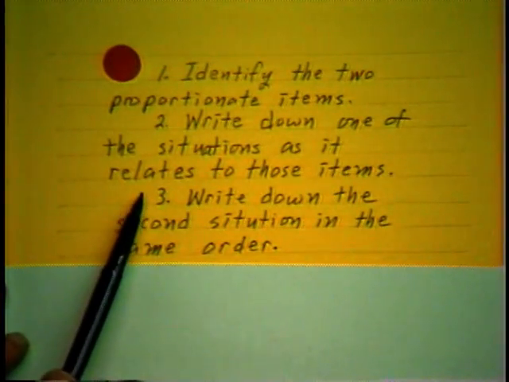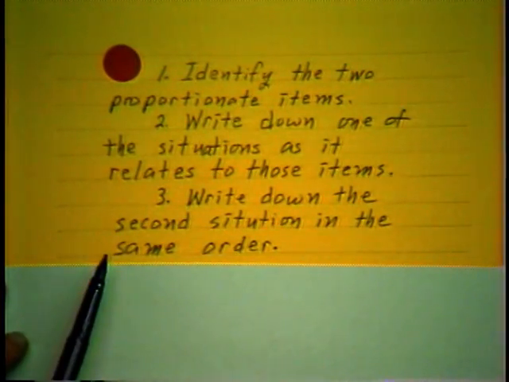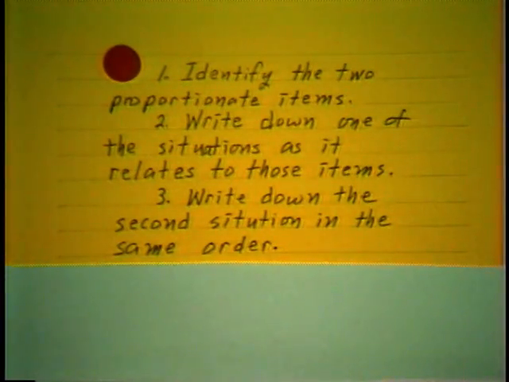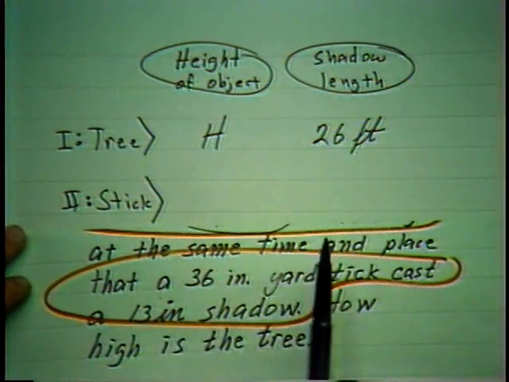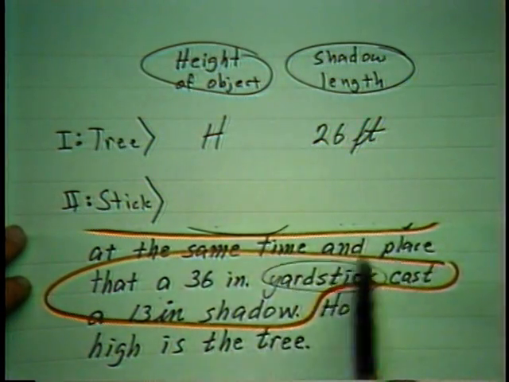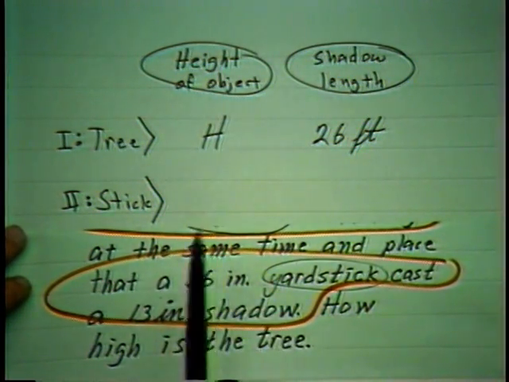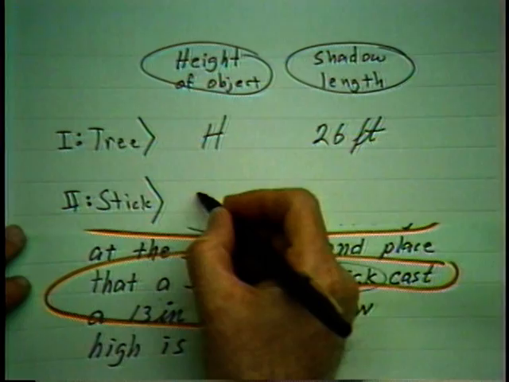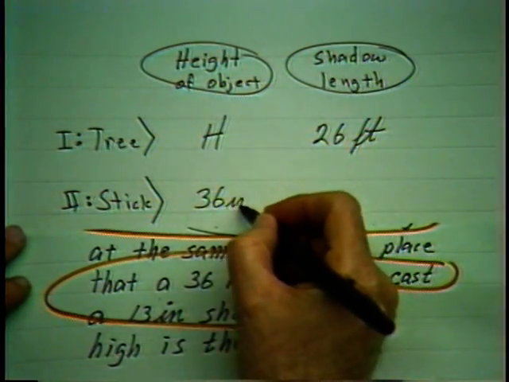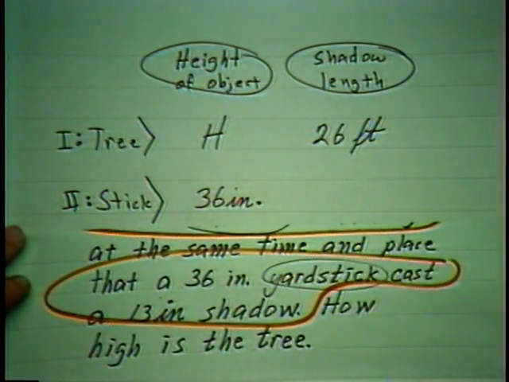And last, we write down the second situation in that same order. Second situation is the stick, the yardstick. So we want its height, which is 36 inches. So I'll write that down, 36 inches.